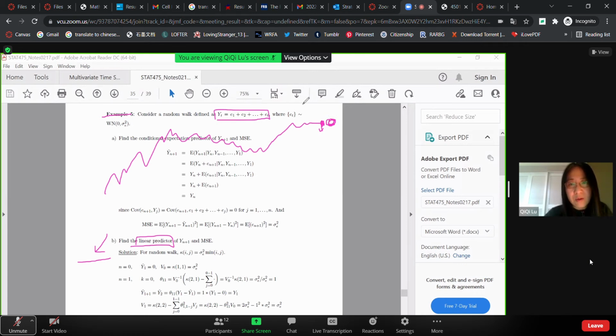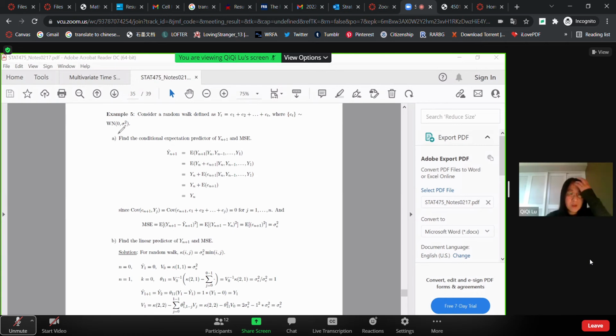We can use two methods to find tomorrow's stock price. The first method is the conditional expectation. The second is the linear predictor. So first, the conditional expectation predictor of next day's stock price.